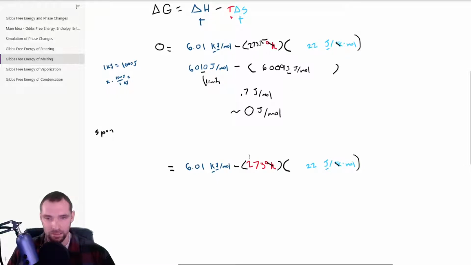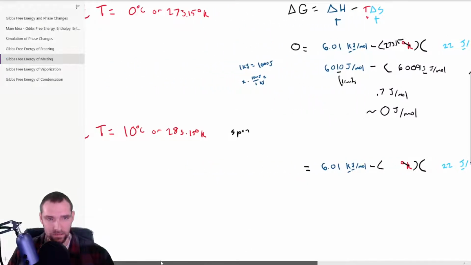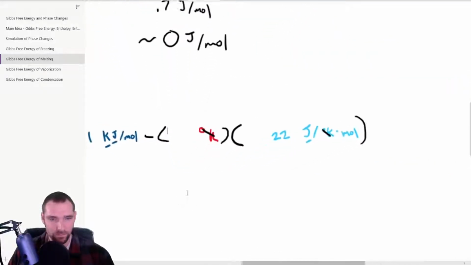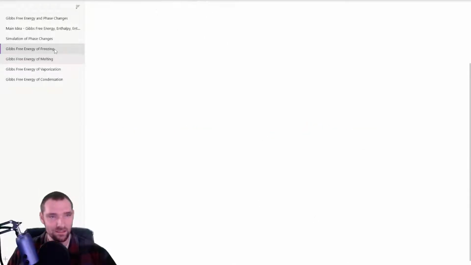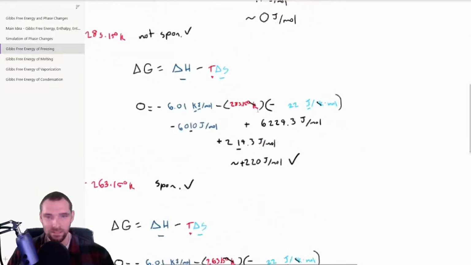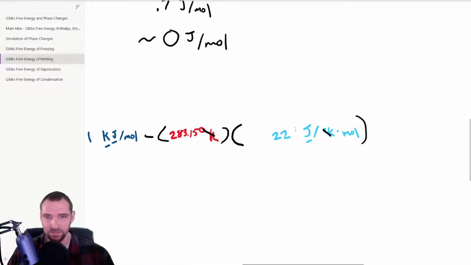And then instead of that 273, the temperature that we're at now is 283.15. This is actually the same multiplication that we did in the last section, right? It's just we don't have a negative on this one.